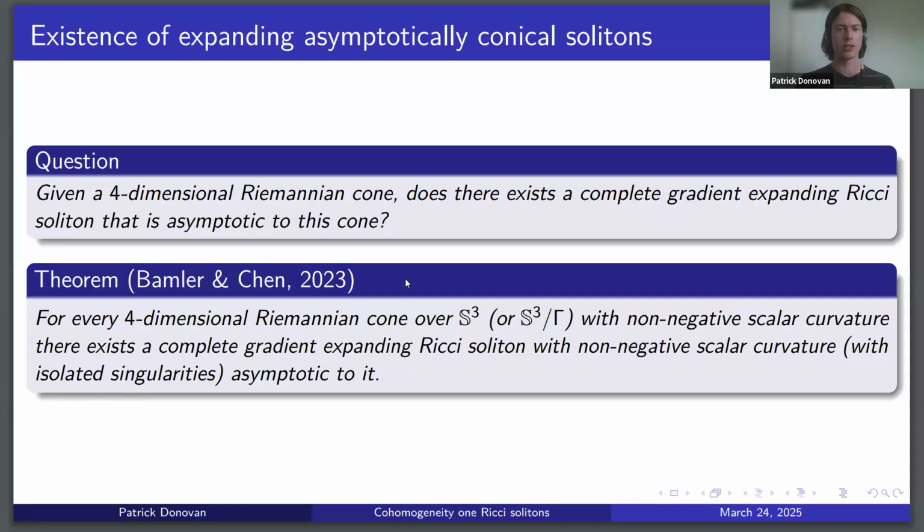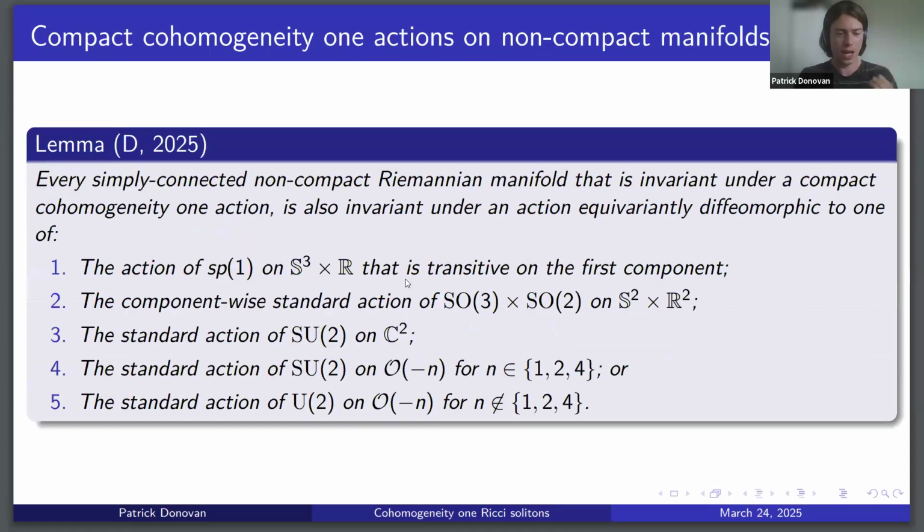So not ideal in that scenario. And the second thing here is that this is not constructive. Coming at it from the cohomogeneity one perspective, I want to put my hands on these things. I want to feel what they're doing. I want to explicitly have examples and put them in. And so that leaves us with the question of, okay, can I do this in the cohomogeneity one case? Can I find some examples and see what they are?